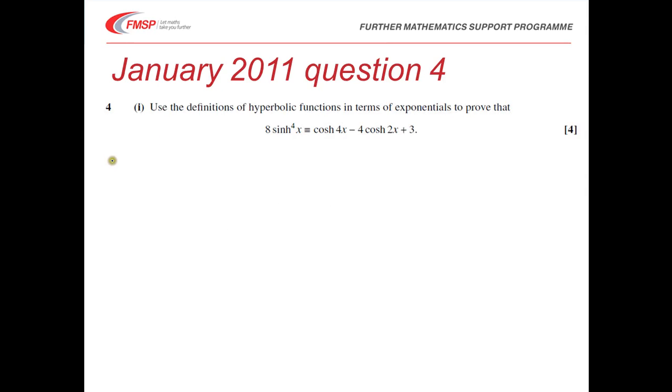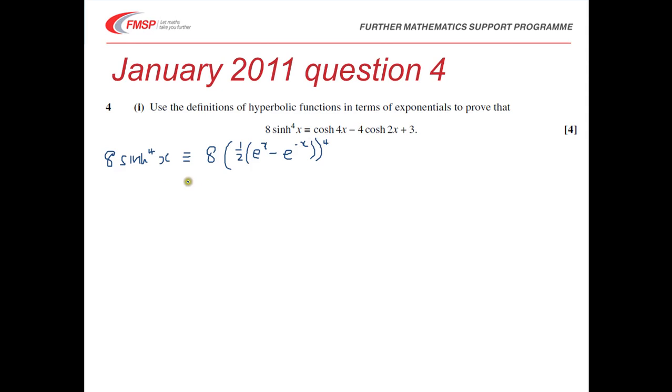So 8 sinh to the power of 4 of x is equivalent to, now using the exponential form, so we know that it's a half of e to the x minus e to the minus x, to the power of 4.